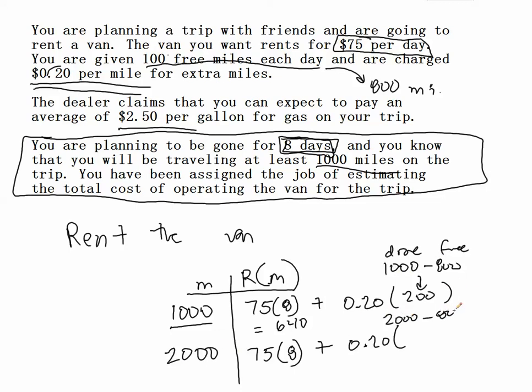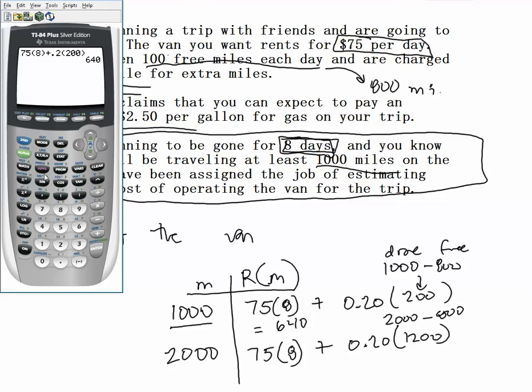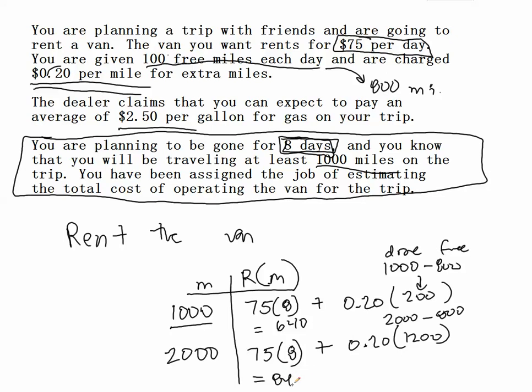I got 800 miles free, so I still have to pay 20 cents per mile for each of those extra 1,200 miles that I drove. So I'm going to pull up my last entry here, which I did by pressing second enter, by the way, and put in 1,200 in place. That means my total cost is going to be $840.